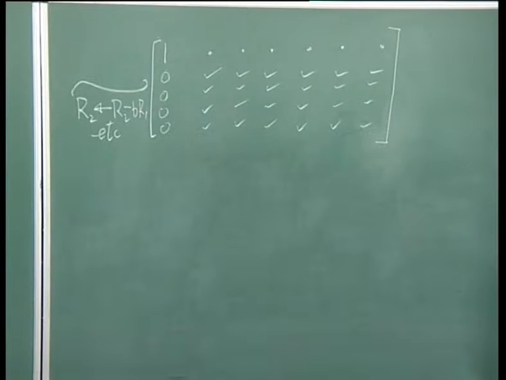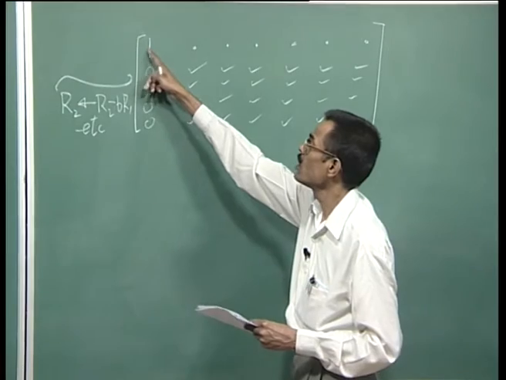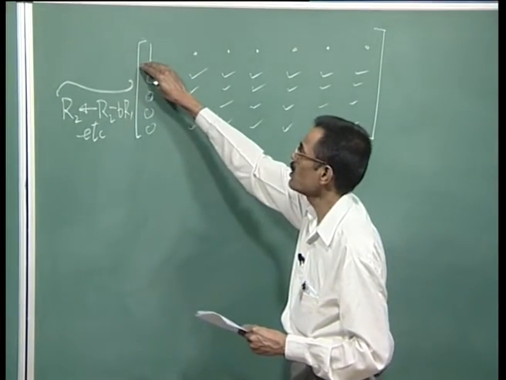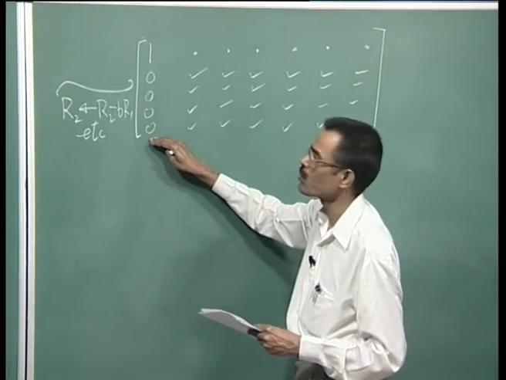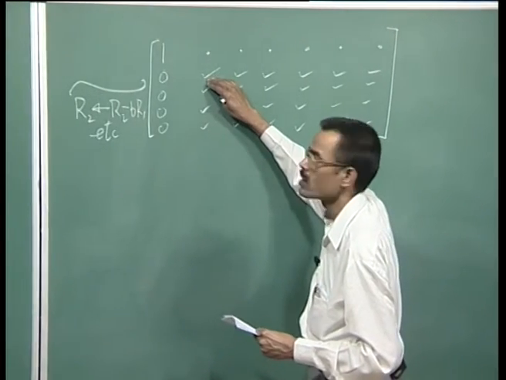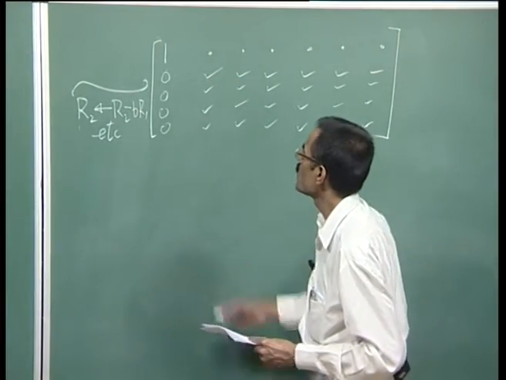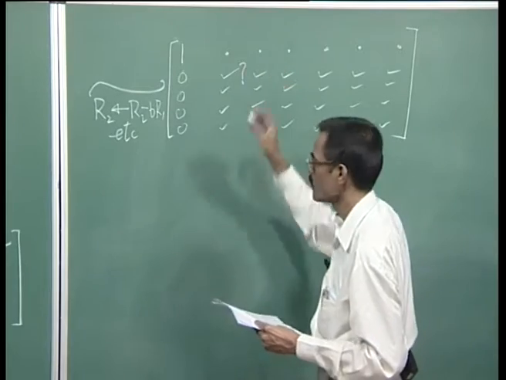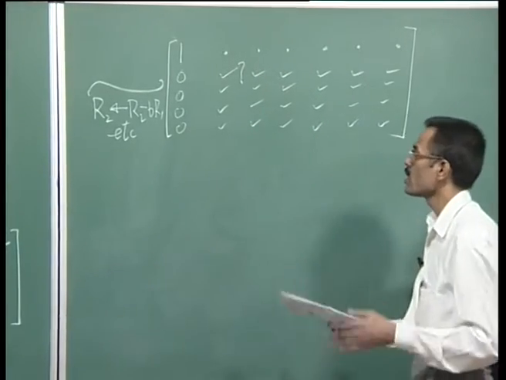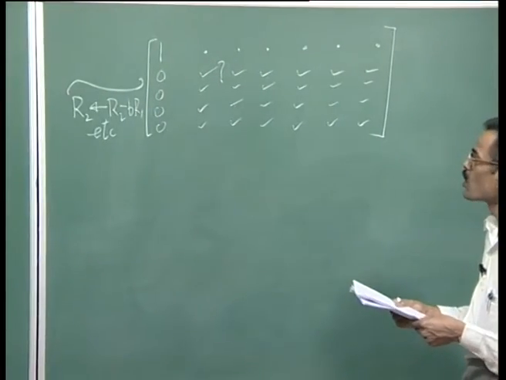We want a 1 here. Here we cannot do anything with the first row, because 1 is already there. So, we preserve this 1, and below that we preserve the zeros that we have found. We want a 1 here if possible. Then we examine what this is. Is it 0 or is it non-zero?